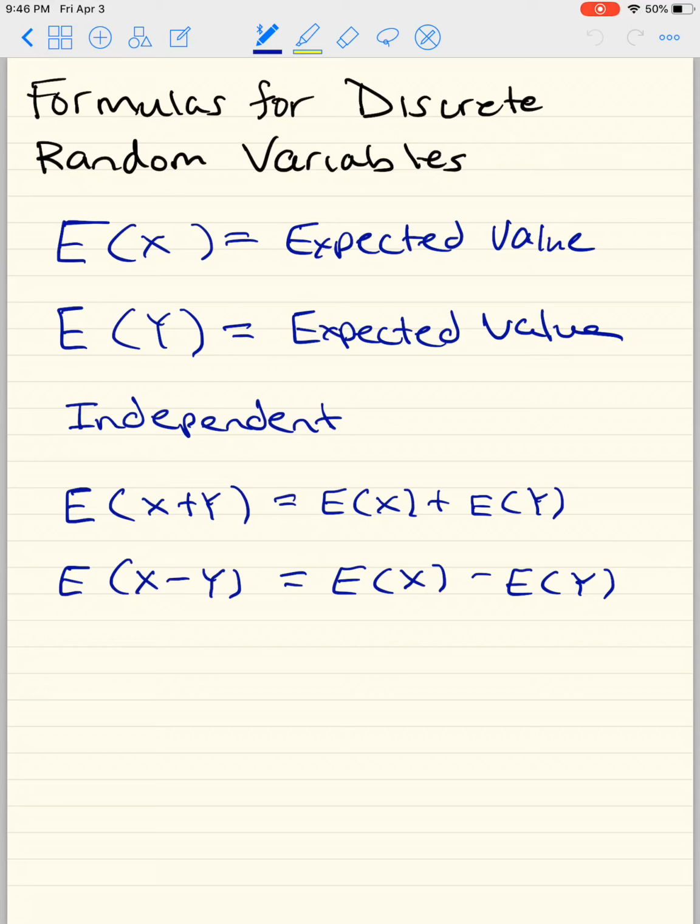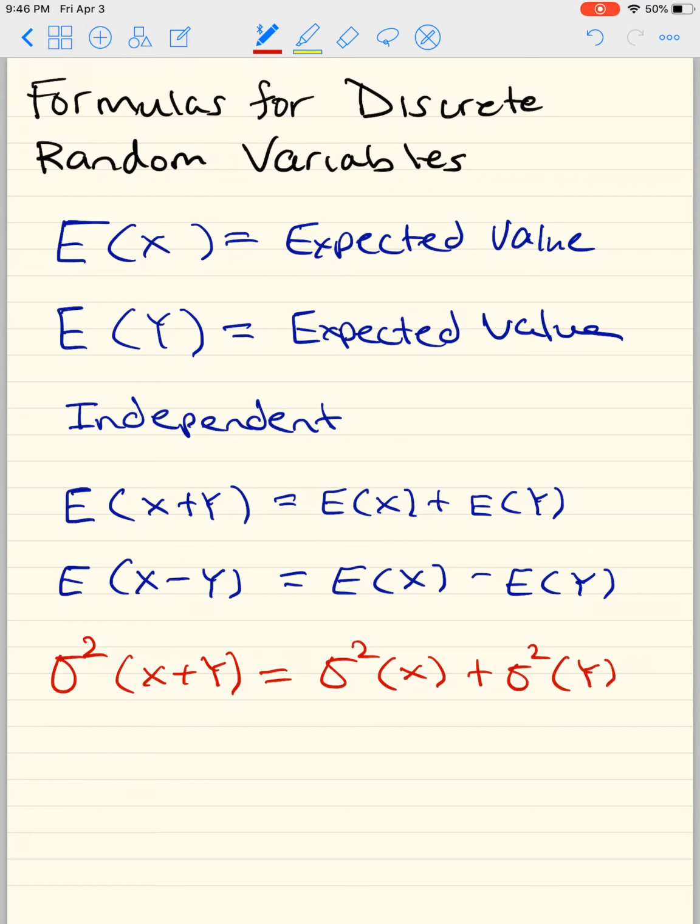Coming back here, I just wanted to add two more formulas, which is actually just going to be one formula. The variance of X plus Y is equal to the sum of the variance of X and the variance of Y. And the variance of X minus Y is actually, and I'm not making a mistake here, the sum as well.